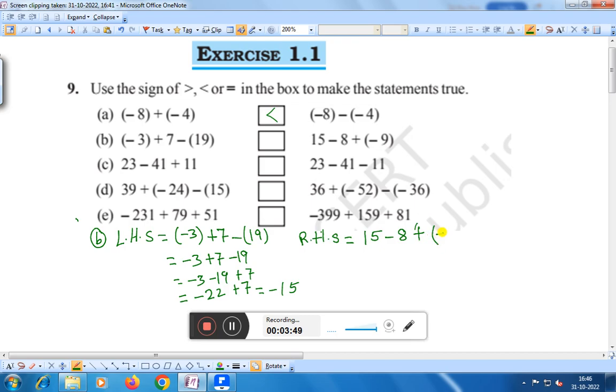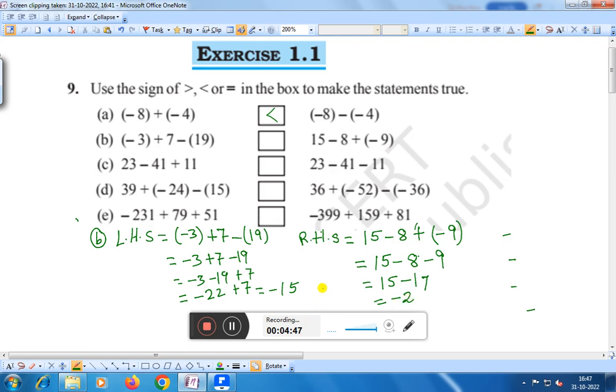This is 15 minus 8, plus into minus is -9, that is equal to 15 minus 8 minus 9, is minus 17, that is equal to -2.